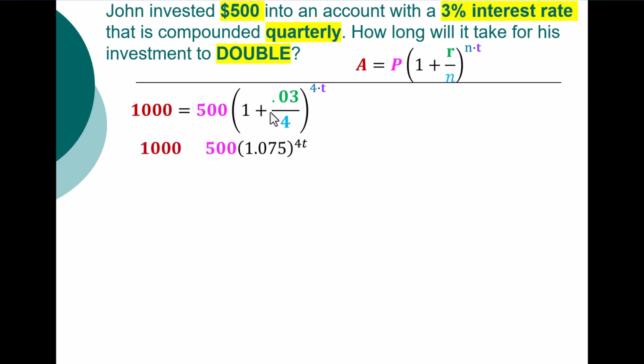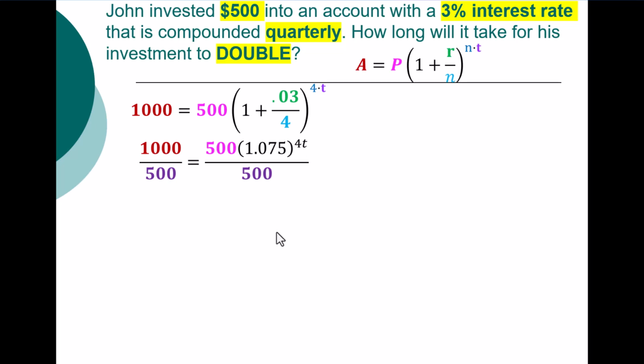Let's simplify this a little bit. 1 plus 0.03 over 4 is 1.0075 raised to the 4t. So we have 1,000 equals 500 times 1.0075 to the 4t. Now to solve this, we're going to divide both sides by 500.